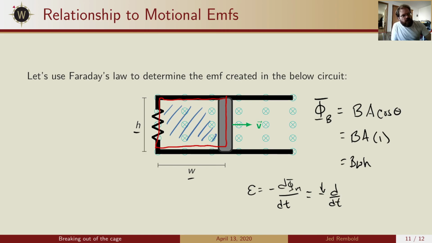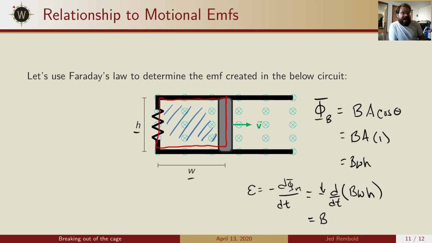But my flux here was, of course, B times W times H. I'm going to need to take the derivative of B times W times H. Which is therefore immediately going to beg the question, what is actually changing with time? B is not. B is just into the page, whatever it is, that's not changing with time. So it could come out of the derivative.